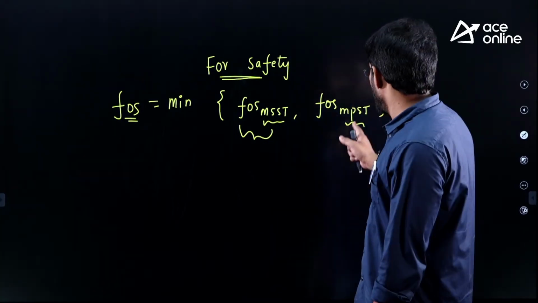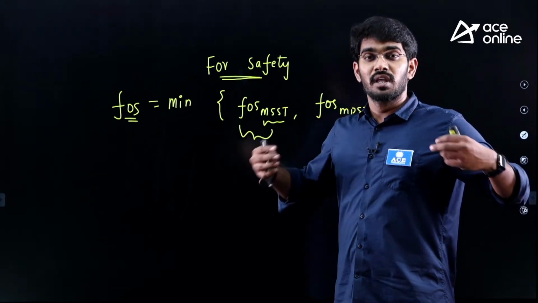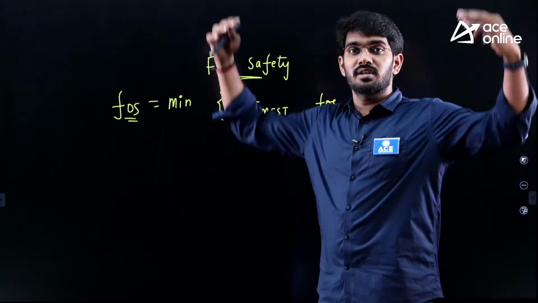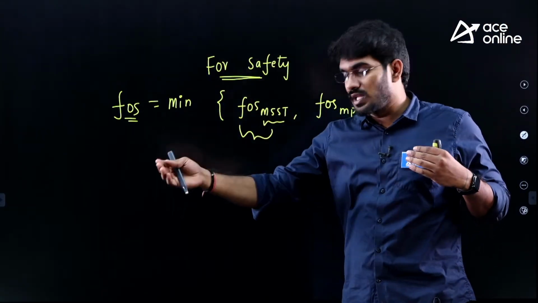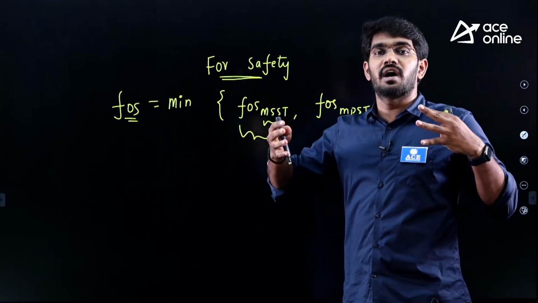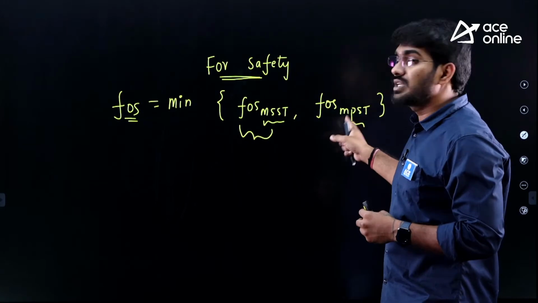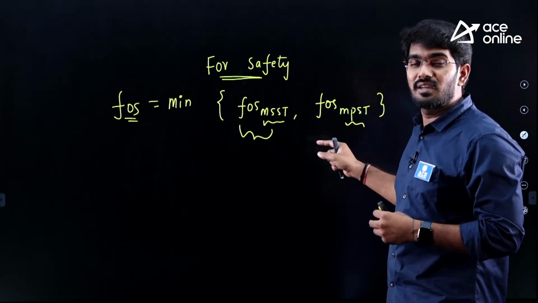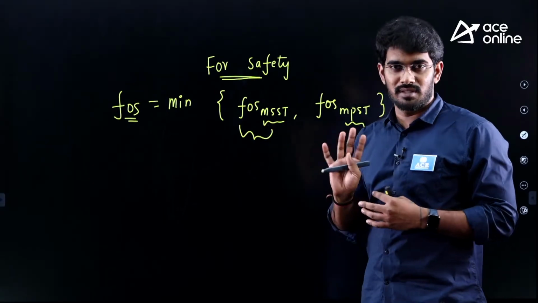But according to his prediction, it is more safer. Why? Because he is considering more failure stress. As he is considering more failure stress, the loaded point is very far away from this failure stress. That's the reason why Rankine is giving more factor of safety, that's it.